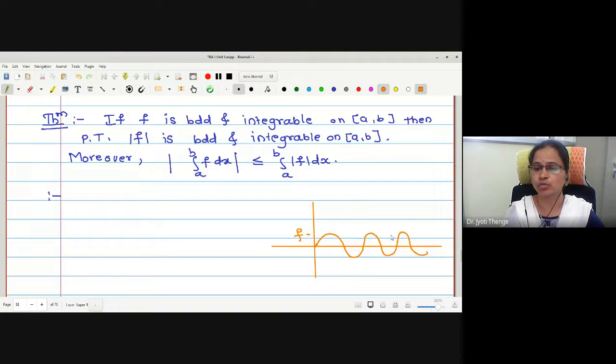Then if I want to plot its mod f, what will the curve be? There is no change in the non-negative part of the given function, right? The change will be only in the negative part of the given function. Where is the negative part? This is the negative part of the function, and the value will turn out to be non-negative, correct?